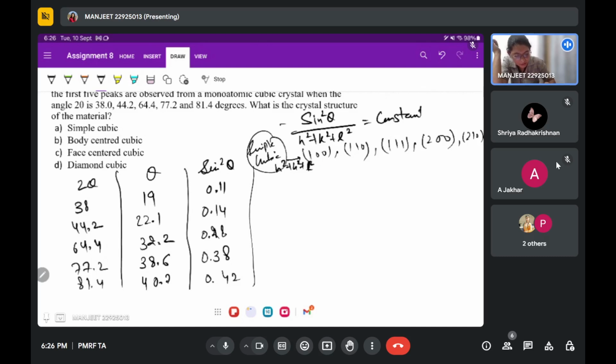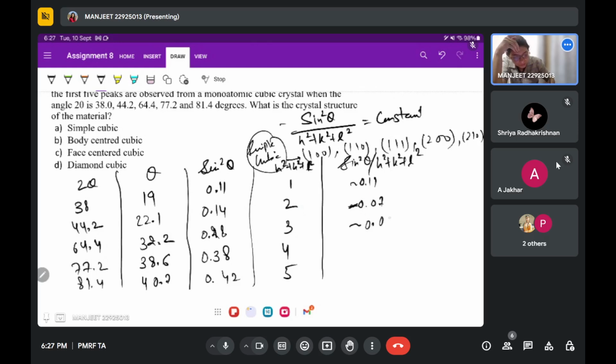For the simple cubic, the first five values are 1, 2, 3, 4, and 5. If you divide sin²θ by h² + k² + l², this will give you around 0.11 divided by 1, and for the third one, dividing by 3 gives around 0.09.